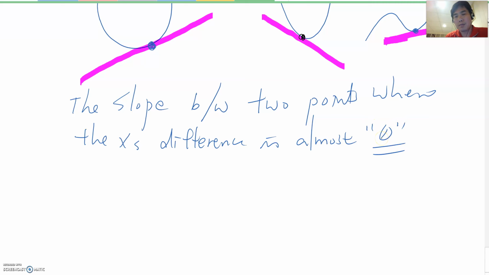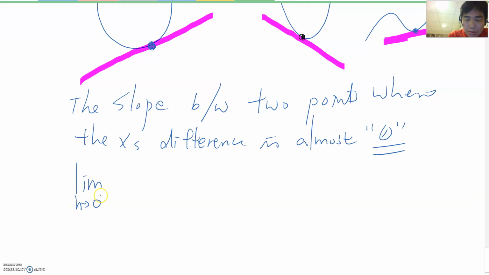That's what I want to say. It is not exactly 1 point. That's not possible. We need 2 points. Therefore, using the difference quotient, the tangent line slope must be defined as a limit, where the gap h is almost 0.